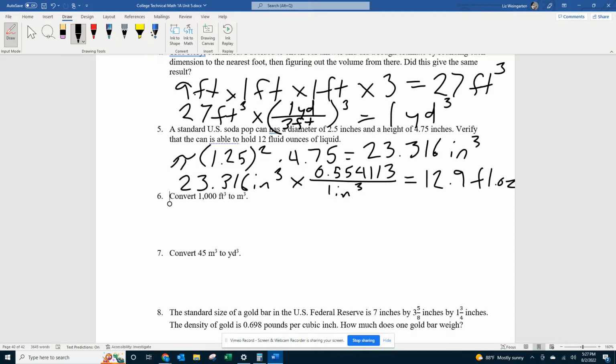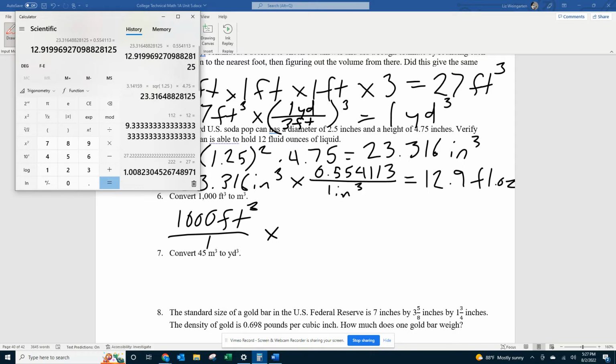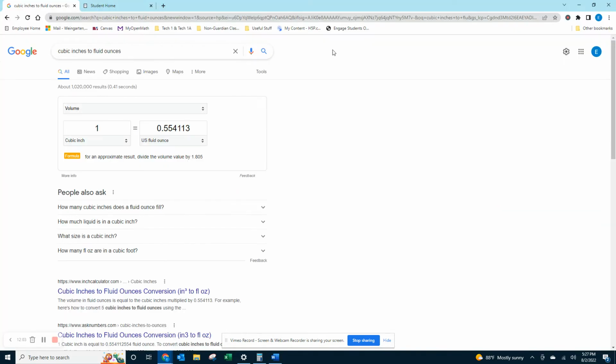So let's look at our next problem, problem 6. We are going to convert 1,000 cubic feet into cubic meters. This is going to be another one that I'm going to use Google for. So we have 1,000 feet cubed over 1 times how many meters are in a foot. Again, I don't want you having to go to your notes every time you have one of these.